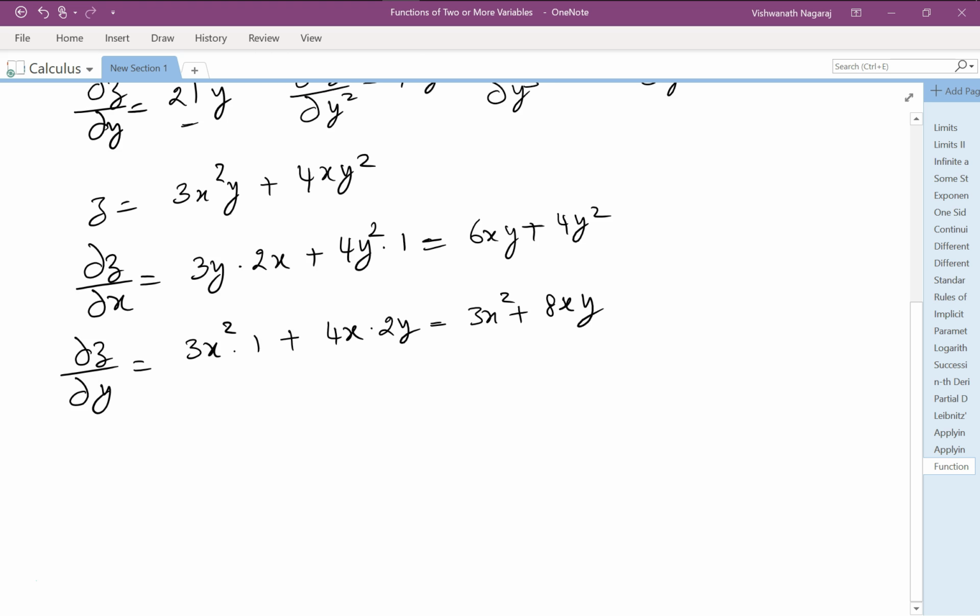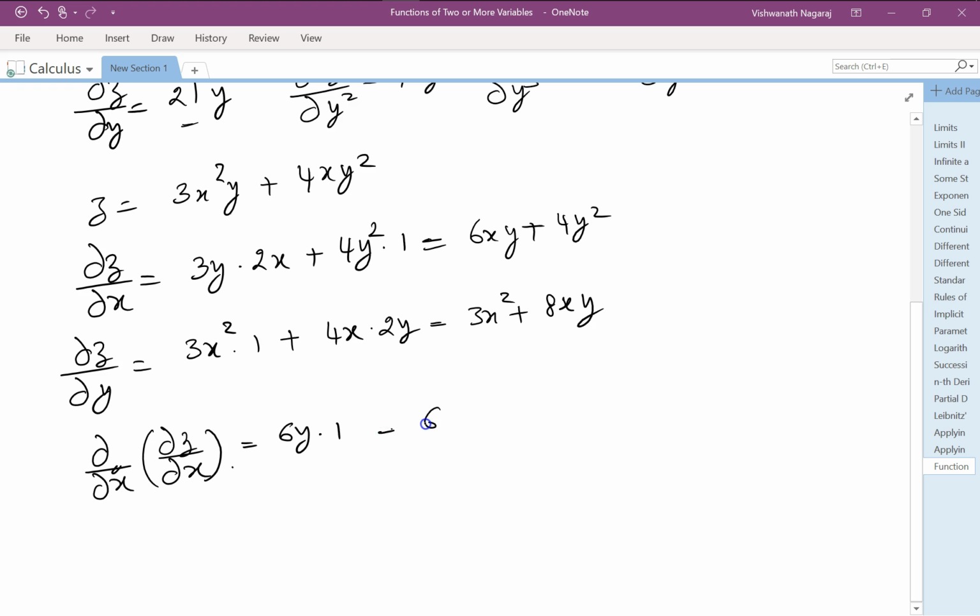Now, if we have to differentiate it again, we have a choice, right? Dou z by dou x can be differentiated with respect to either x or y again. If we differentiate it with respect to x again, y is constant, so this becomes 6y times 1 and 4y squared totally disappears.